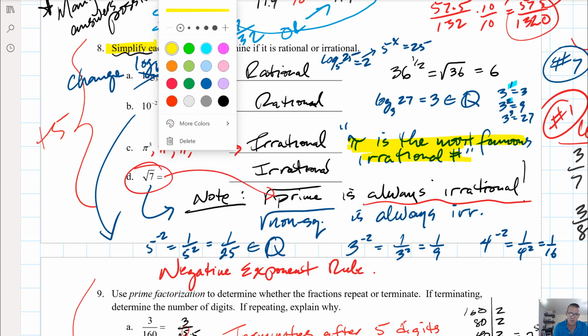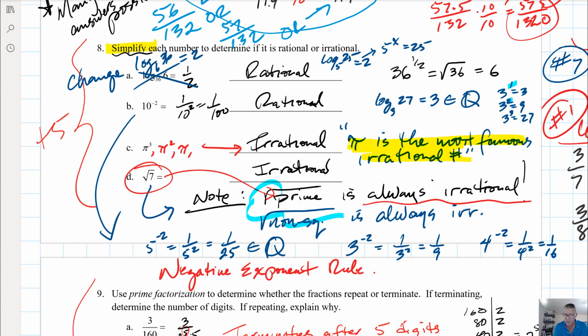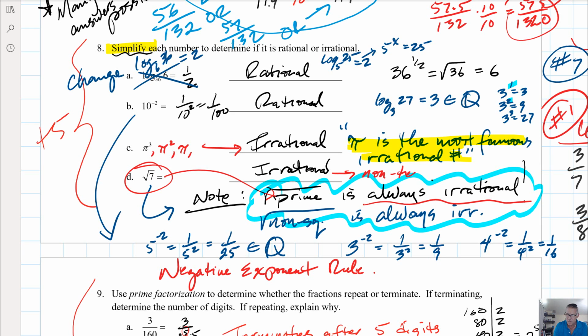I've talked about these things, but you just got to practice and study in such a way that you guys retain this and understand it. You cannot write the square root of 7 as an integer over an integer or as a fraction. You just can't do it. It's a non-terminating, non-repeating decimal. All of these are. Irrational numbers are non-terminating and non-repeating.